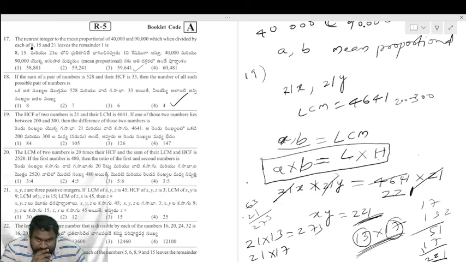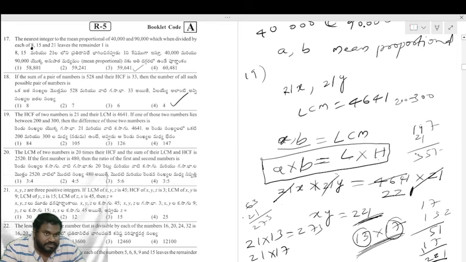Next, the other one: 7 ones are 7, 7 twos are 14, next 21, 7 5 3, 357. What is he asking? He's asking about the difference of these two numbers. 357 minus 273: 7 minus 3 is 4. So check out the option which is ending with 4, the first one. No need to do it completely.